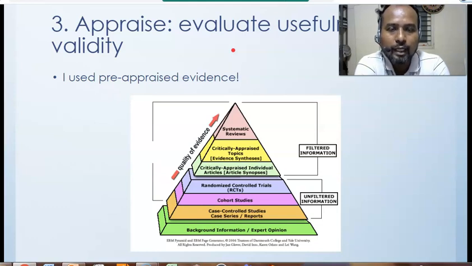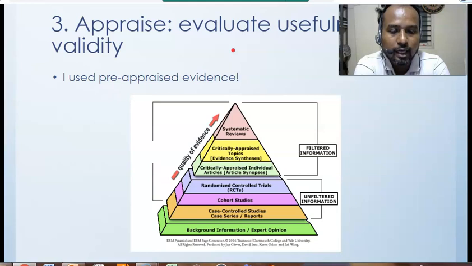But I did not actually go through this process, because I realized it is not necessary for a clinician to go through each study or the entire systematic review looking at risk of bias, because the Cochrane review itself is pre-appraised.